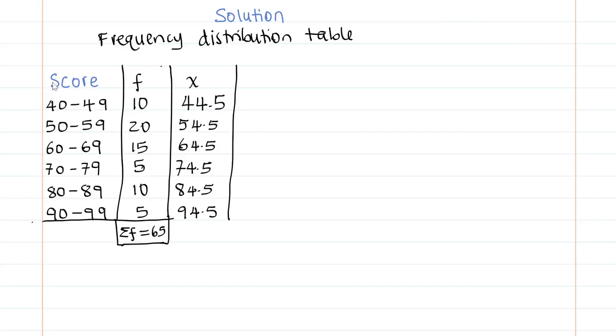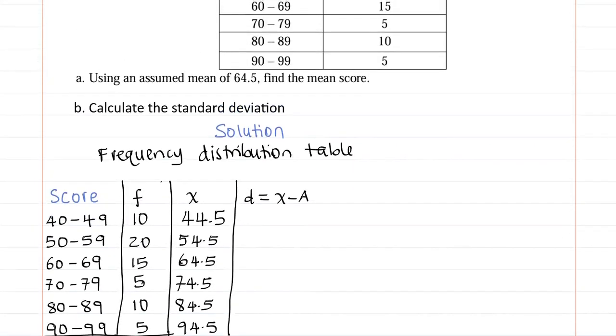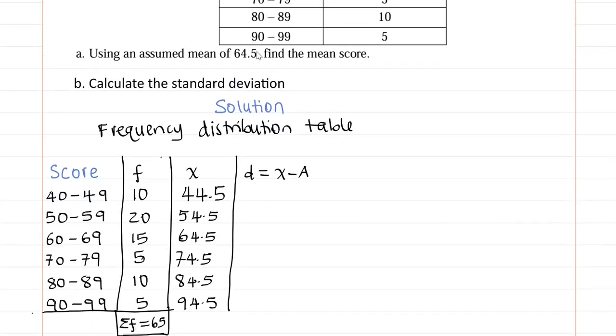We get the deviation by the formula that deviation is given by the midpoint minus the assumed mean. Our assumed mean, or the working mean, was given as 64.5. So we write it somewhere here on top. Let me complete my table on top here.